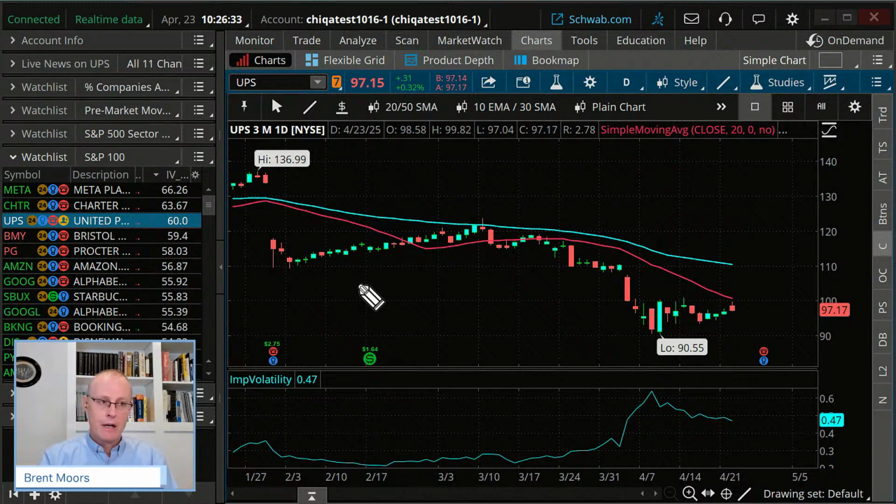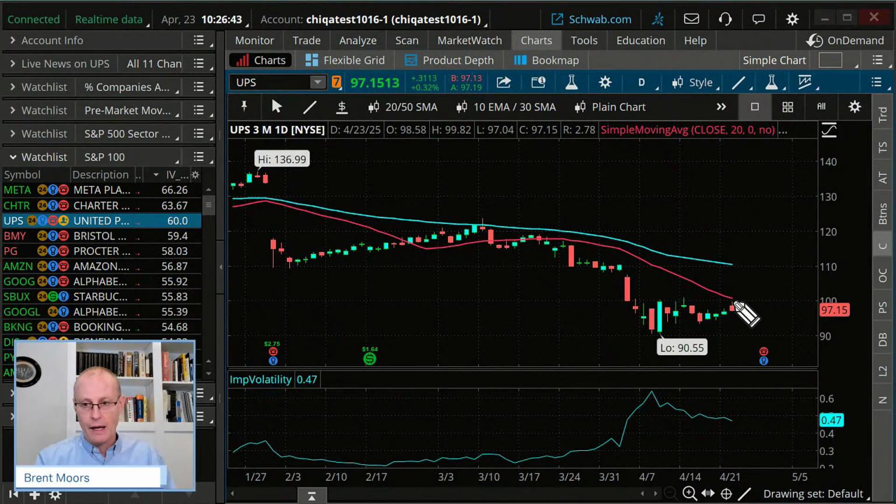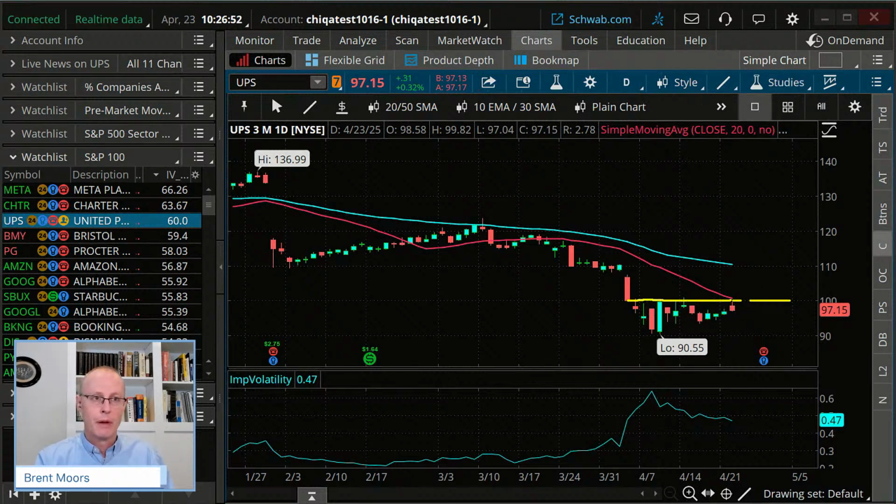Now, remember, implied volatility isn't the only thing that's going to affect the trade. Implied volatility may go our way, but if we do a bearish trade and the stock goes way up, that's not going to help us. But I'm going to call my resistance at 100, and I'm going to do a trade accordingly.